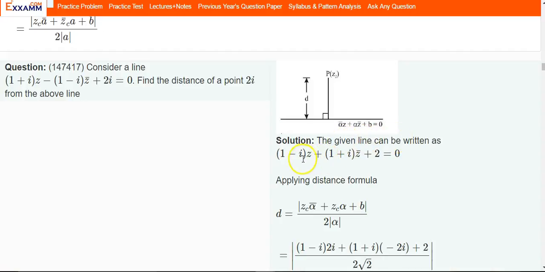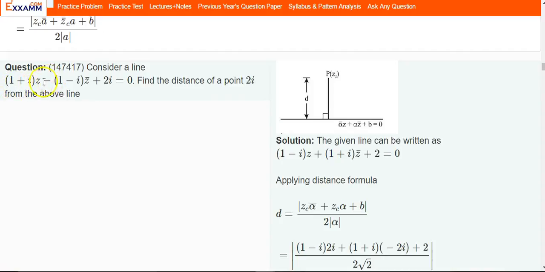Now in this equation, what is the value of alpha bar? Just before we start, we see that this is 2i, and we have mentioned time and again that this should be real. So what do we do? We divide it by i.